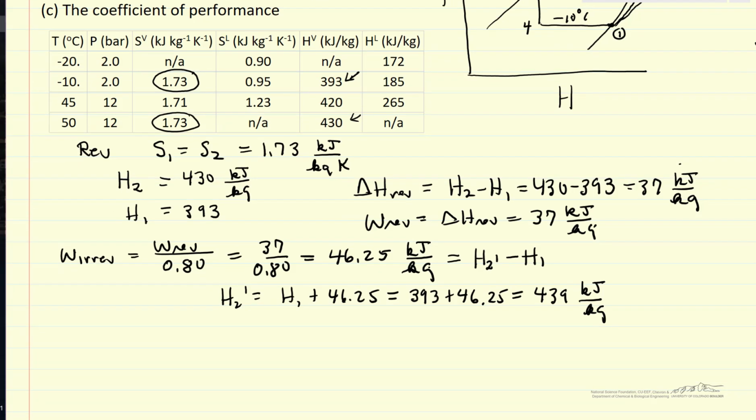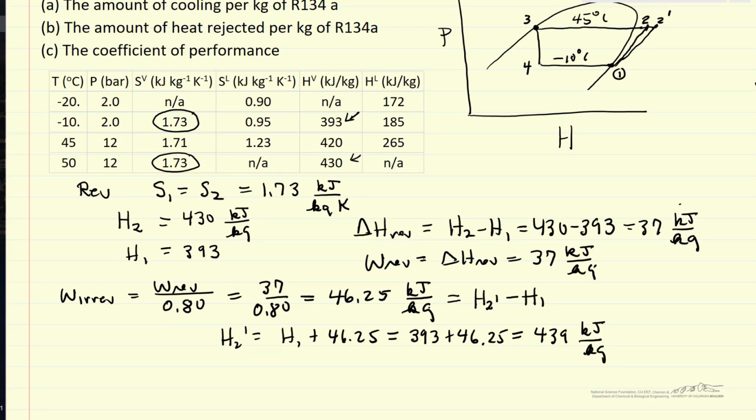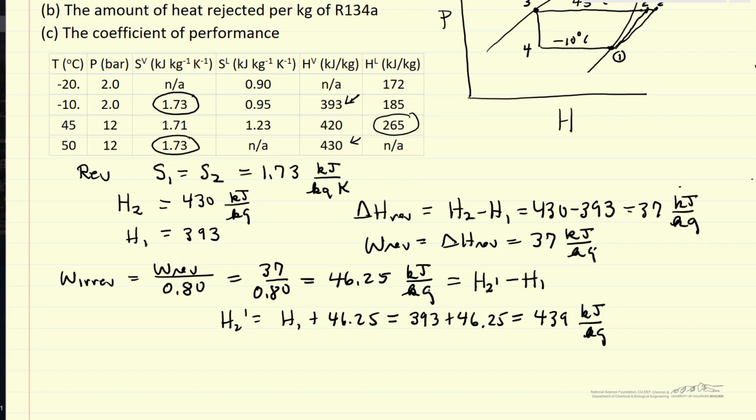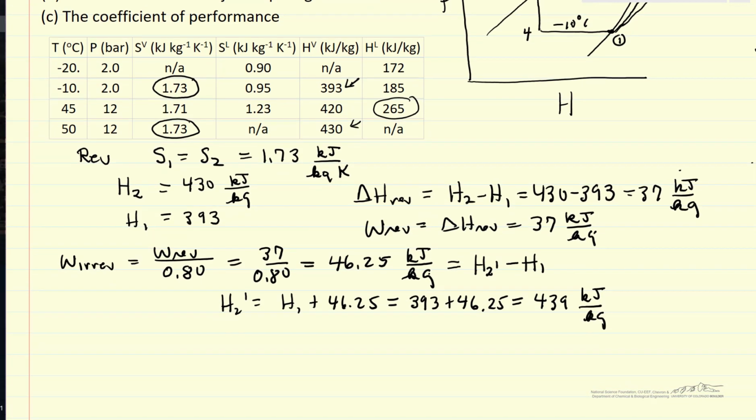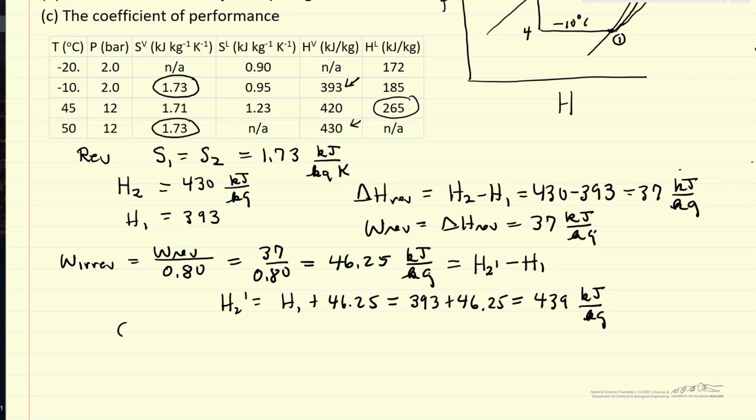Now calculate the heat. We need enthalpy at 3. Enthalpy at 3 is saturated liquid, 45 degrees C. Here's the enthalpy. So the change as we condense this fluid, we condense it by removing energy.